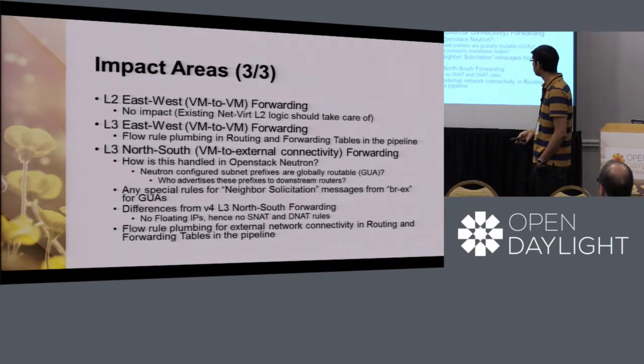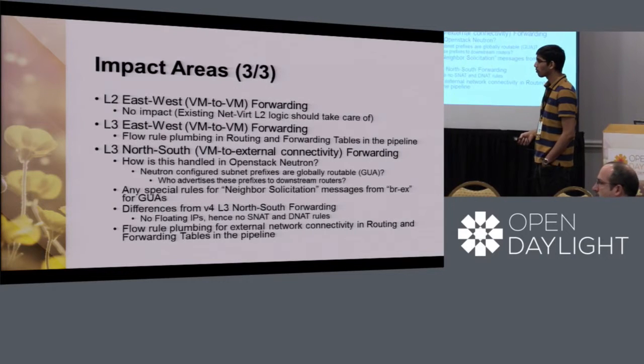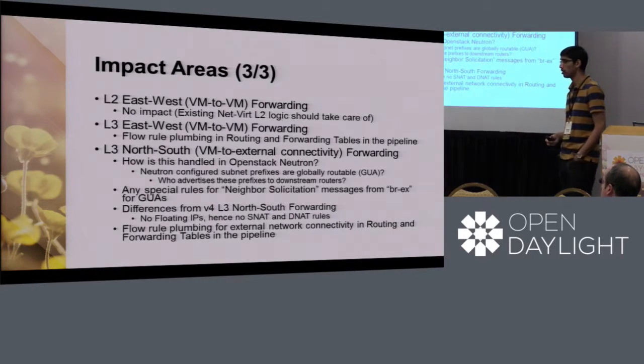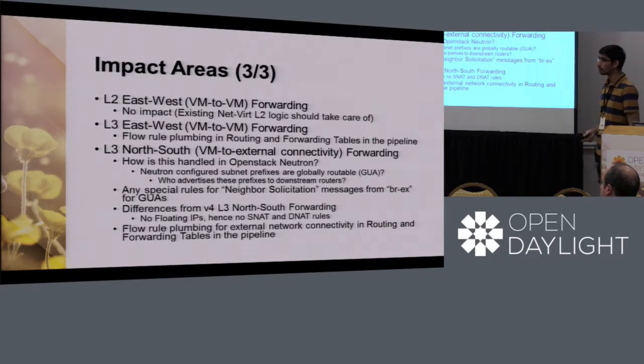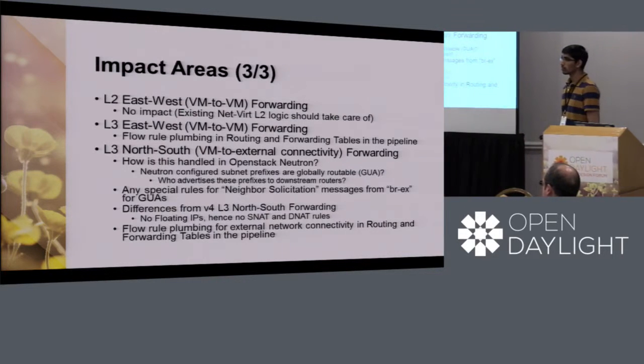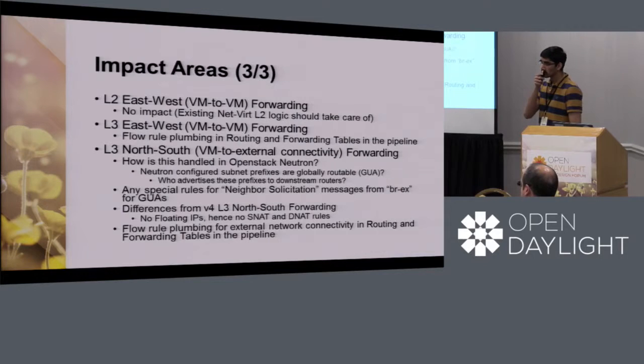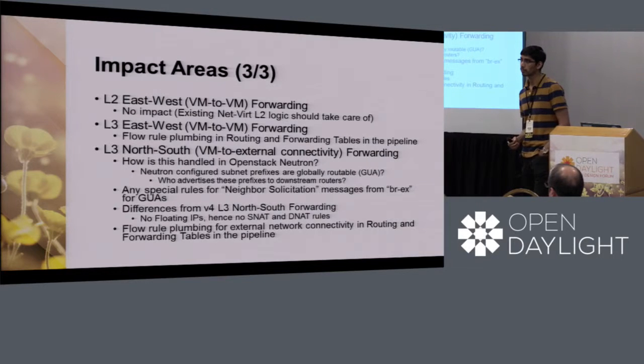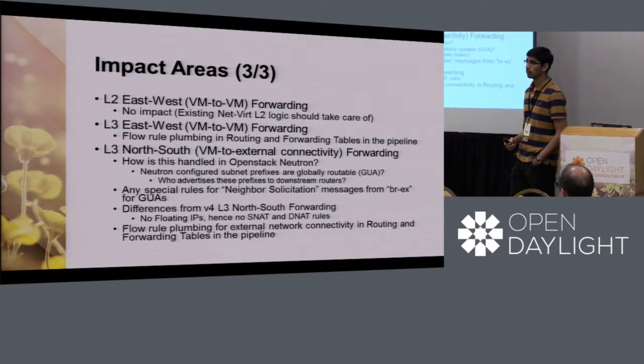But who would take that responsibility, right? It looks like the tenant has to configure that. Correct. Yeah, that tenant has to do that. But you still need to take care of the roles of the router, Neutron router, and VPN. For instance, a router advertising from an external router.